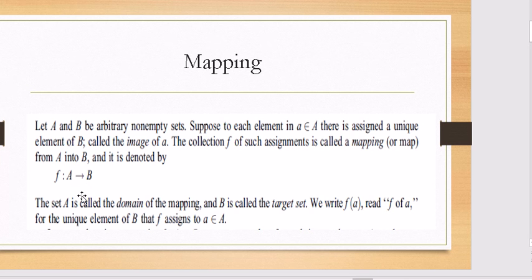The set A is called the domain of the mapping and B is called the target set. So here the word mapping is the same as function.